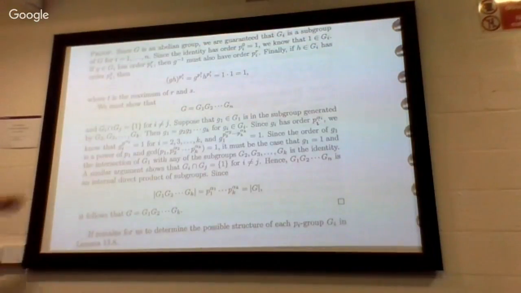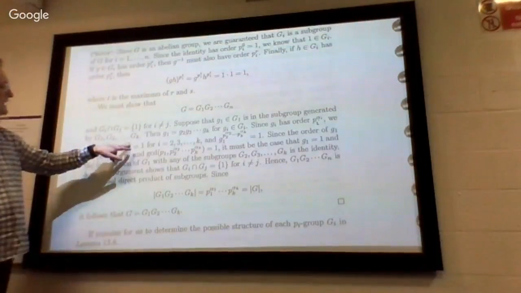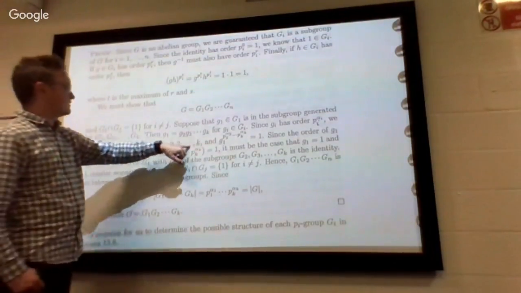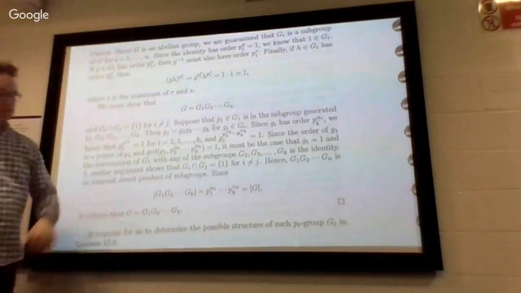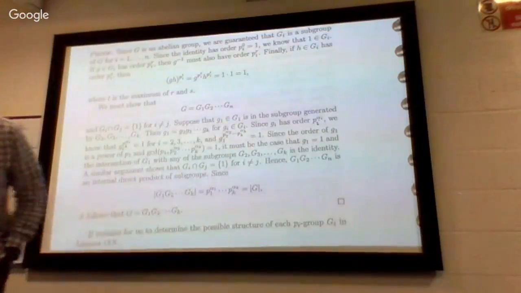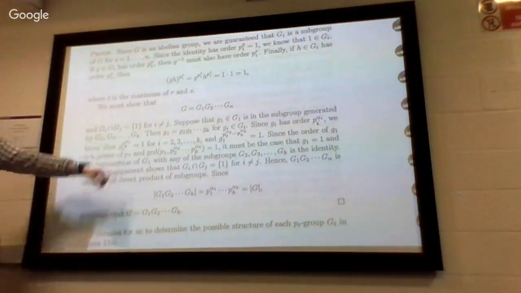And so we always know that gi to the power pi to the alpha i is equal to the identity, and that's true for every value of i.